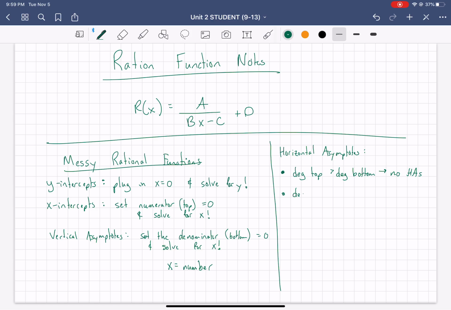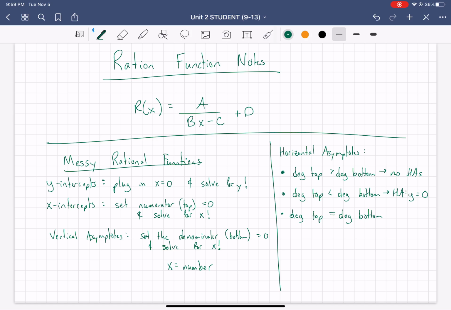If our degree of the top is less than the degree of the bottom, the horizontal asymptote is y, that looks like a G, y equals 0. And then the trickiest case is where the degree on the top is equal to the degree of the bottom.